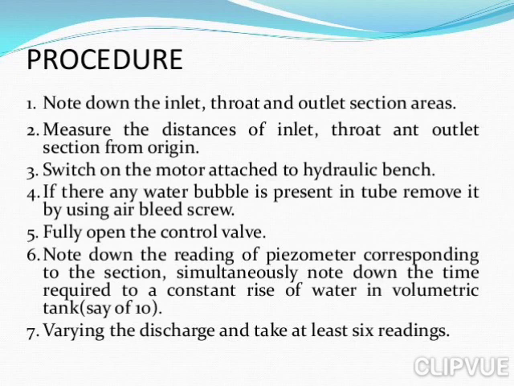We have to note down the reading of piezometer corresponding to the section. Simultaneously, we also have to note down the time required for a constant rise of water in the volumetric tank. Also, we have to verify the discharge and take at least 6 readings.